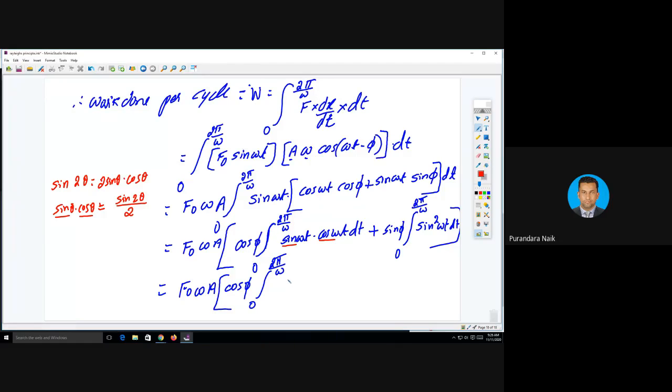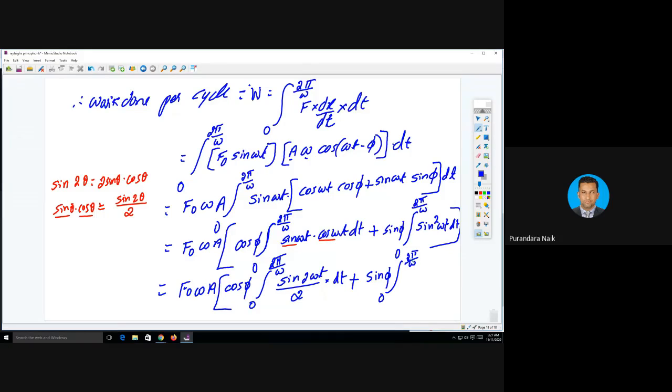So that is sine 2 omega t divided by 2 into dt, plus the second term, sine phi, integration from 0 to 2 pi by omega.